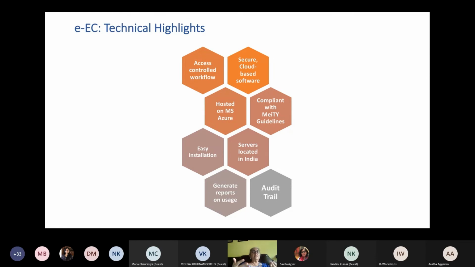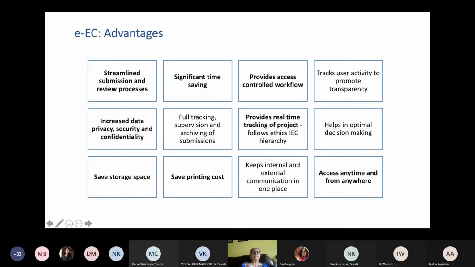That is, the secretariat from that agency needs to be committed to using it, because a lot of training is involved, and a lot of the institutions we found have fallen off not using the system because they feel it is complicated when it actually isn't at all complicated. You can generate reports on usage and it leaves an audit trail.